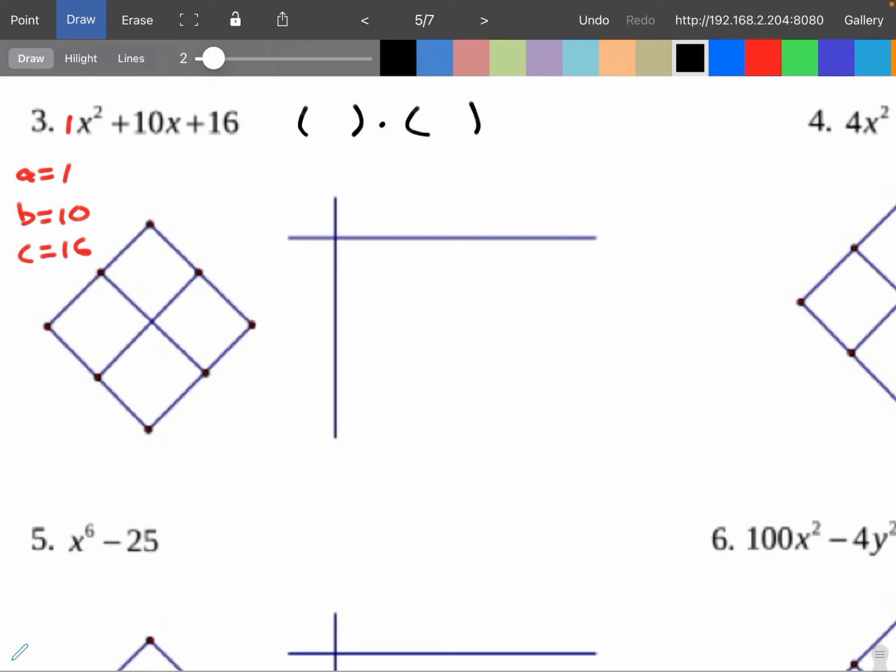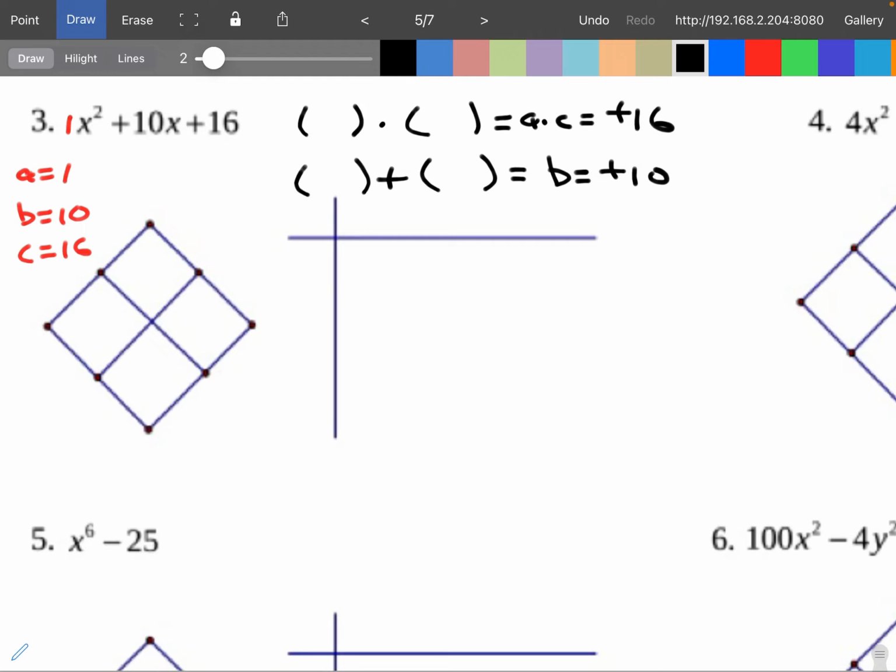So we're going to need two numbers that multiply to A times C, which would be a positive 16. And then the same two numbers would have to add up to B, which is positive 10.